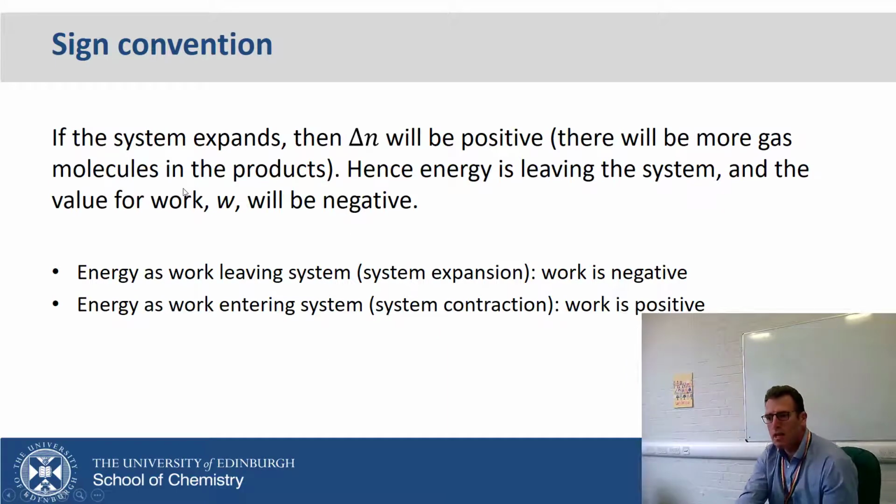There will be more gas molecules in the products, so energy is leaving the system and work will be negative. So if energy is leaving the system as it expands, we assign a negative value to that work. If energy as work is entering the system, in other words the system is contracting or being pushed in on, then the system is gaining energy, and we assign a positive value to work.